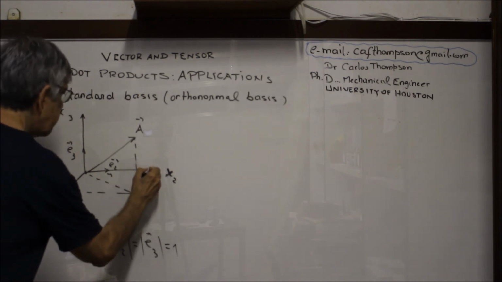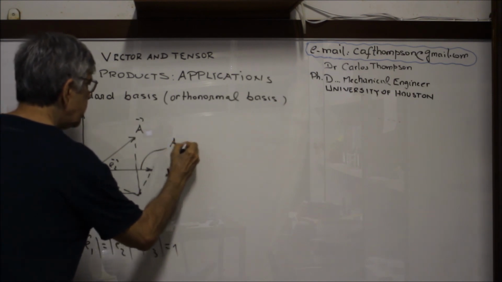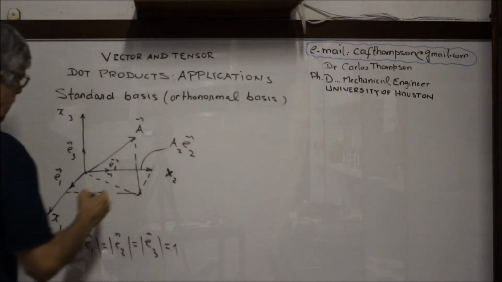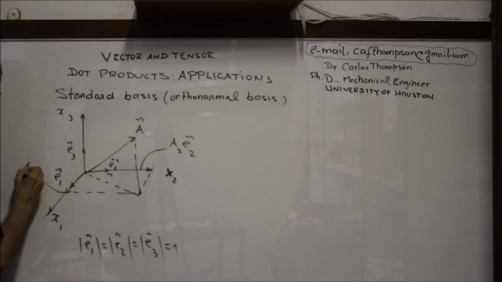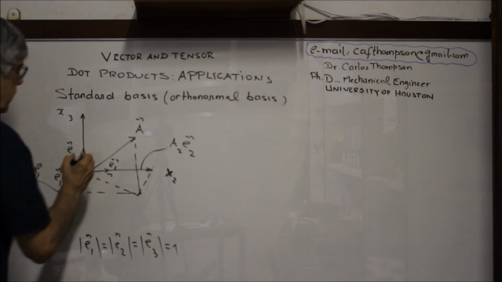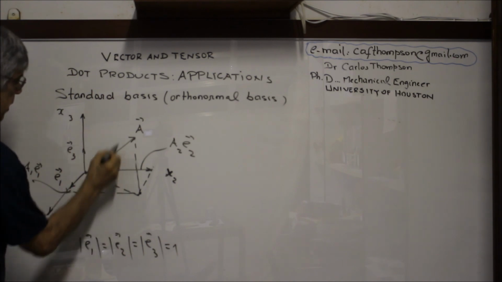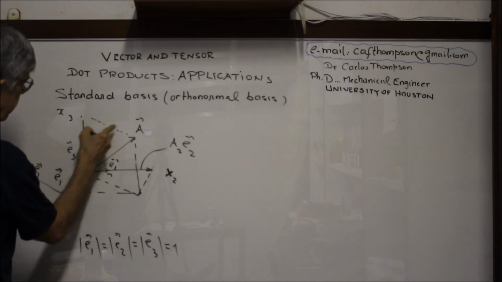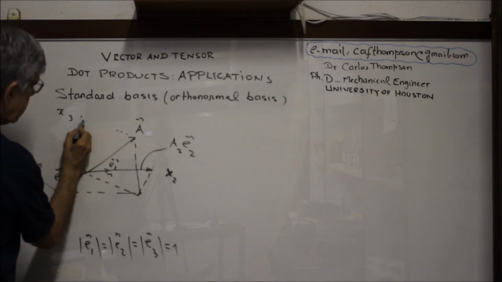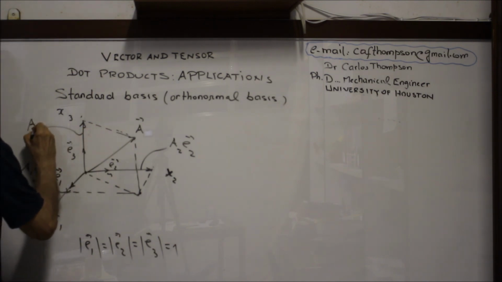This is my vector A2, e2. Here is my vector A1, e1. And now on the x3 axis, you just take a parallel to this one. Right here, parallel. This is my vector, the projection, A3.